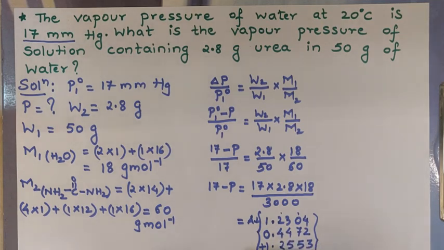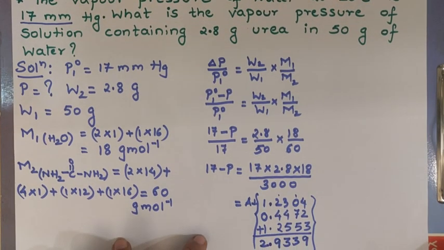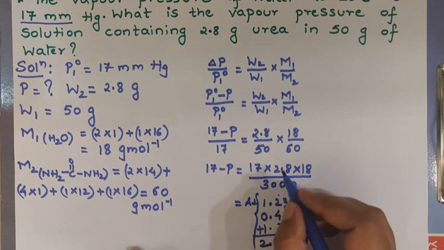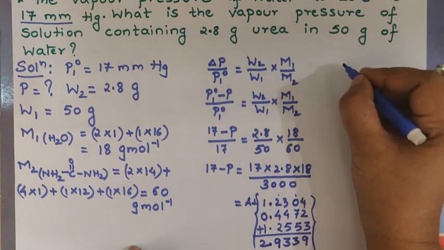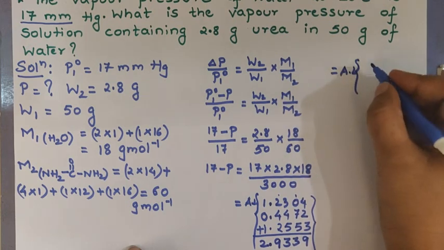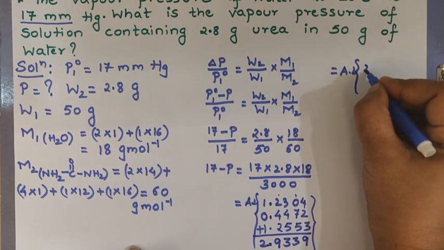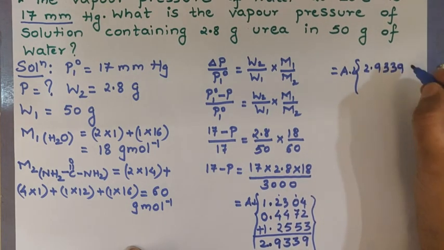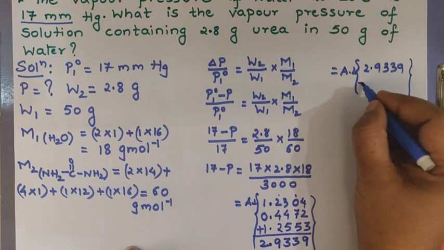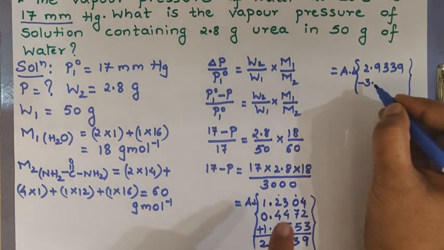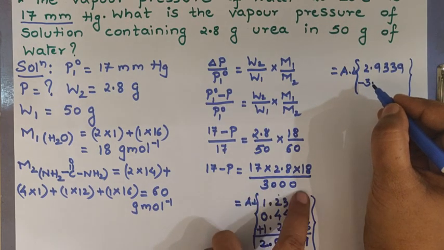Fine. This is a 2 over here. Okay. Now let's go on to the next one. We have added the logs of all three. Now let us subtract. Let's subtract this thing. 2.9339, and we are subtracting log of 3000. Its characteristic we will write as 3 point, because there are total 1 2 3 4 digits.